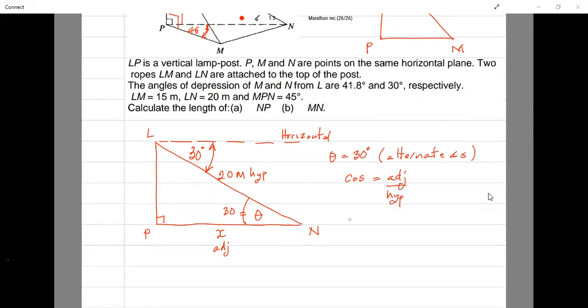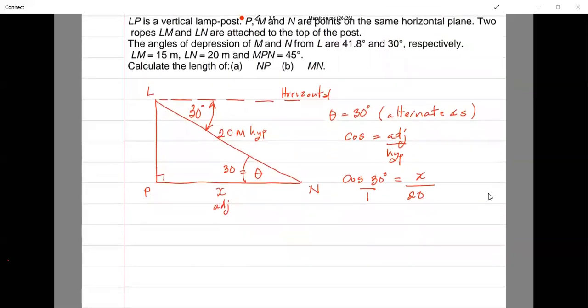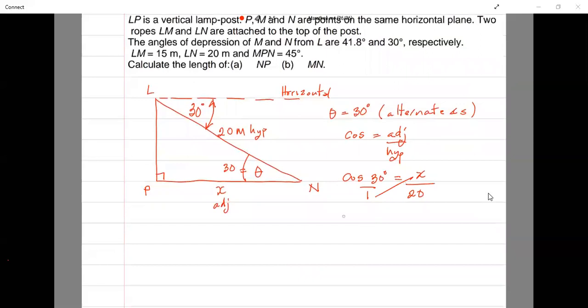Then the cosine of 30 degrees is equal to adjacent x over hypotenuse 20. If I have one fraction equal to one fraction, I'm going to cross multiply. So 1 times x is equal to 20 cosine 30 degrees. X, which is PN or NP.